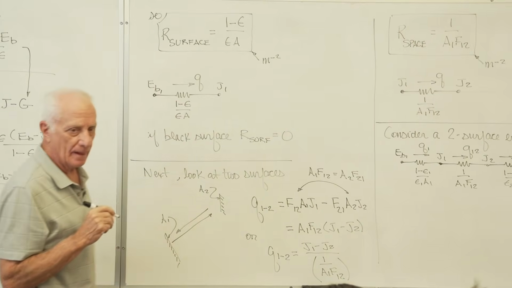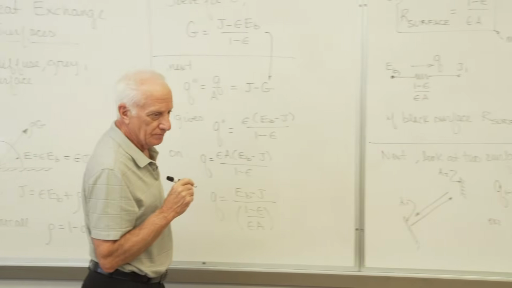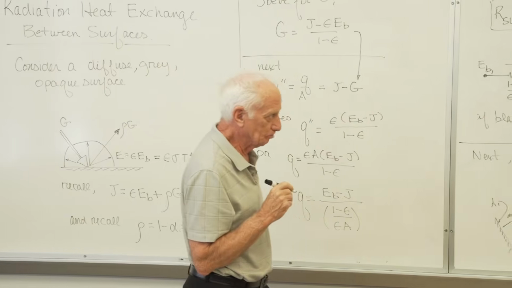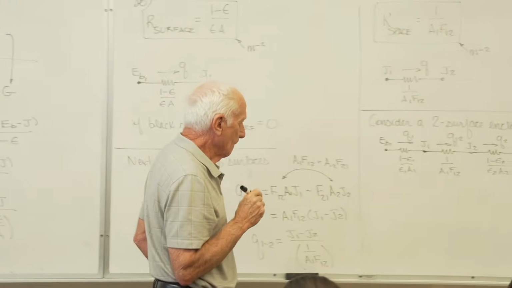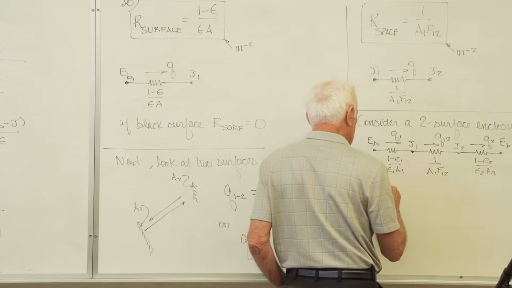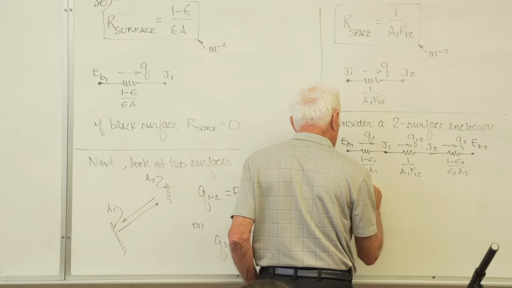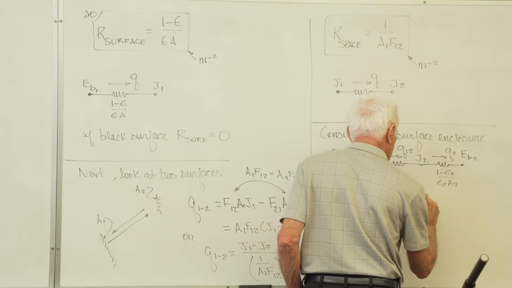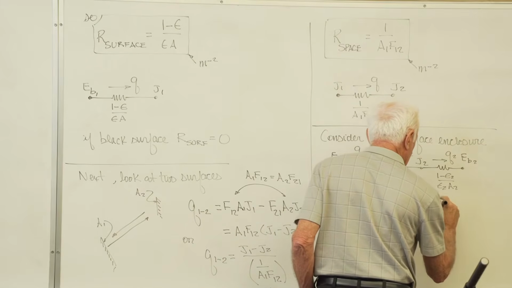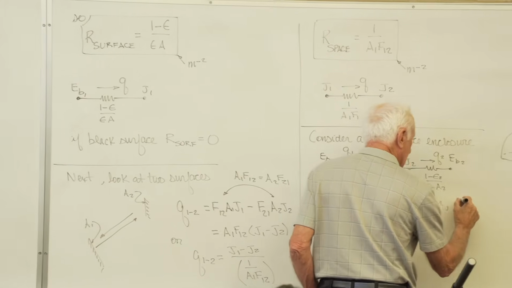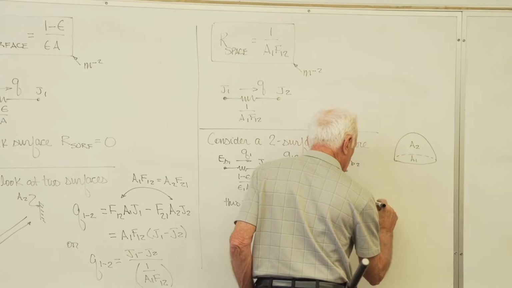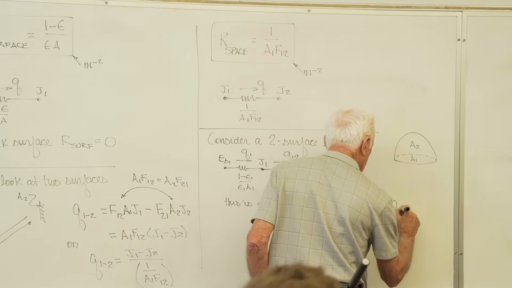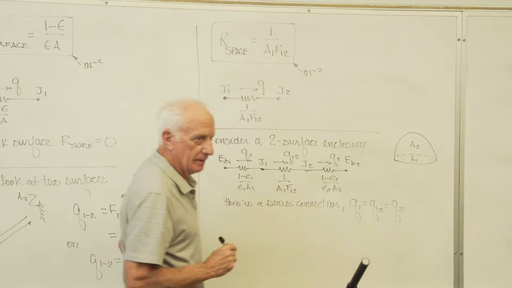There's a circuit now: 3 resistors, 2 surface resistances and 1 space resistance. Notice they're in series. That tells me that Q1 equals Q12 equals Q2. They're all the same.